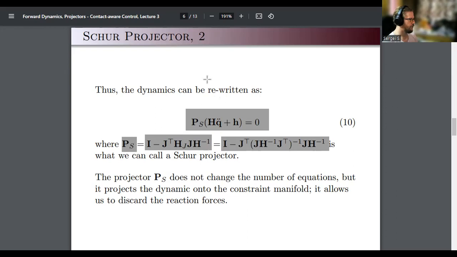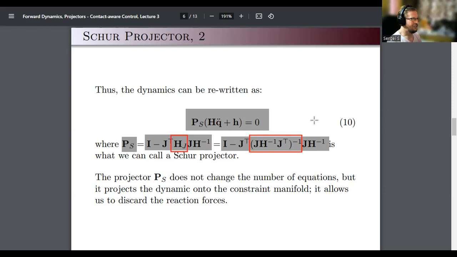Because remember, our Schur complement here has an analytical expression: it is J, H inverse, J transposed, all transposed, or all inverse. Okay, so all this becomes this expression. So equation 10 then describes our dynamics. It's a perfectly legit way to describe our dynamics.